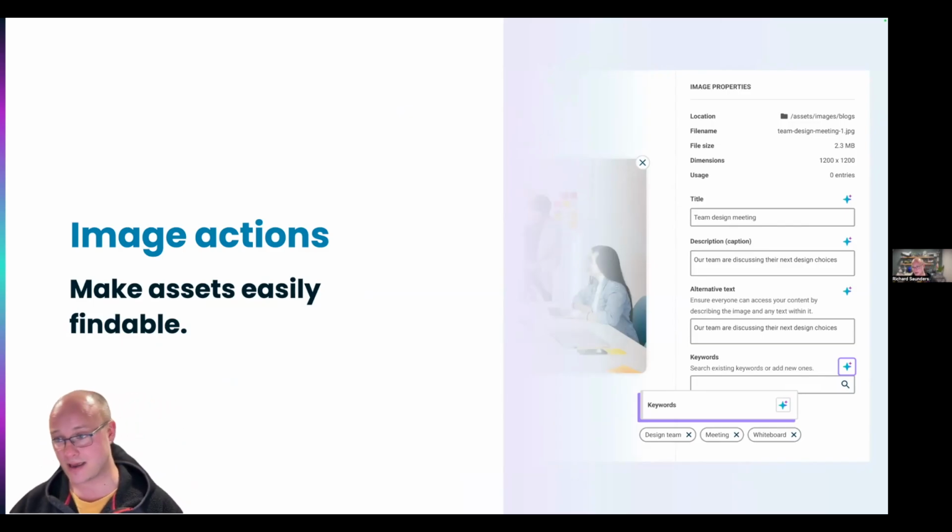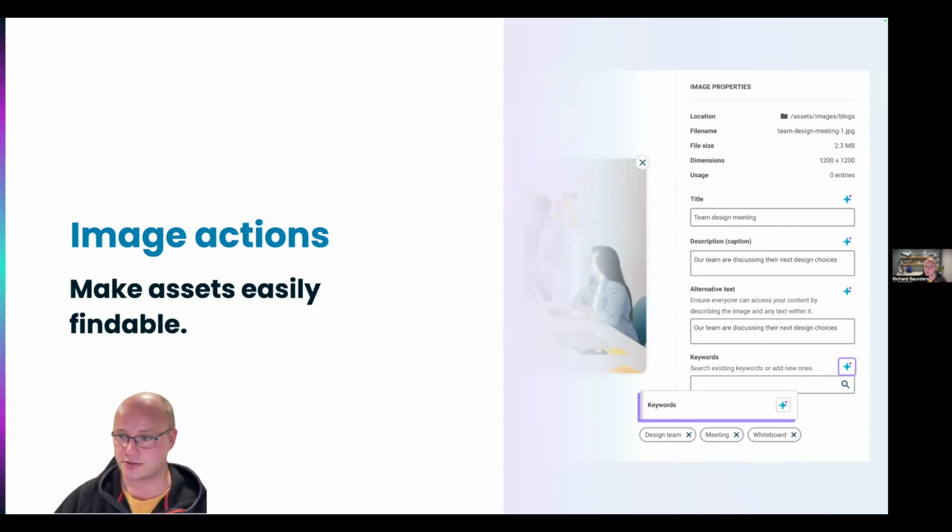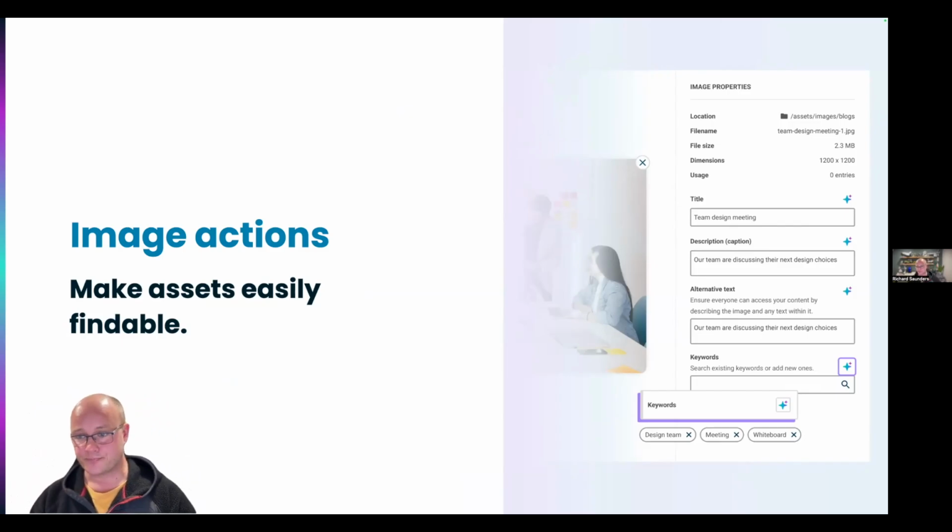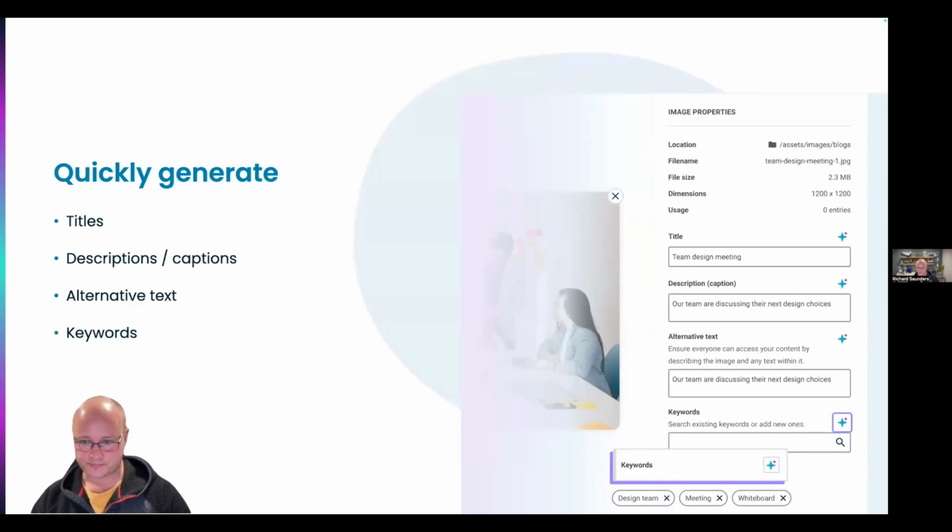You can now use AI on images to generate titles, descriptions, alt text, and keywords, not only taking the laborious job of generating this content, but also making it easier to search and locate those assets at a later date. And so all those AI generated features will be available in the next release.